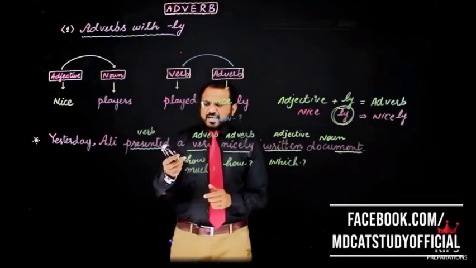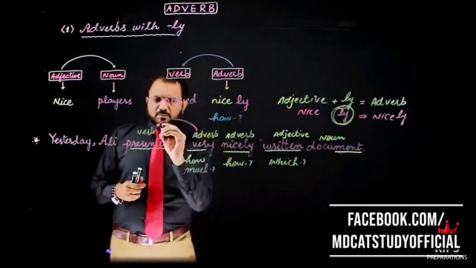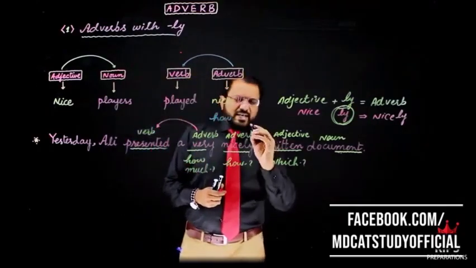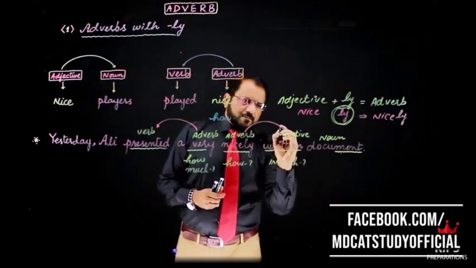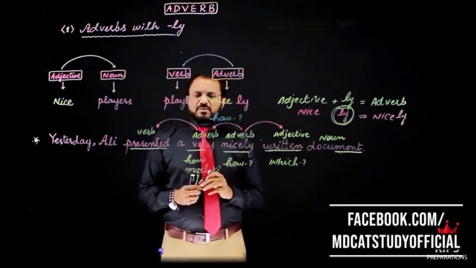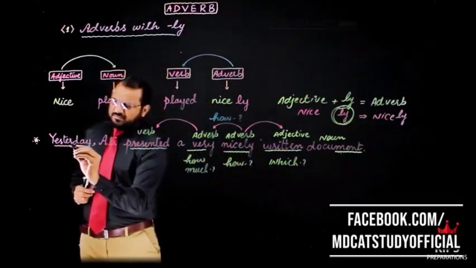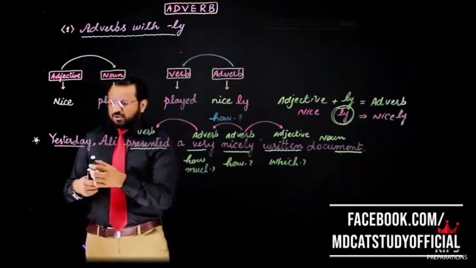So our definition of an adverb goes like this: an adverb is a word that adds more meaning to a verb, or an adjective, or another adverb, or the whole of the sentence. This is also an adverb.